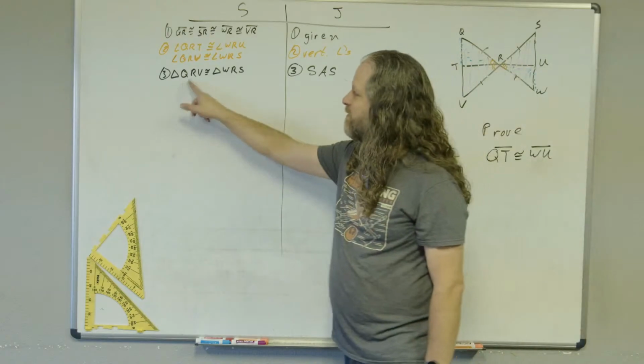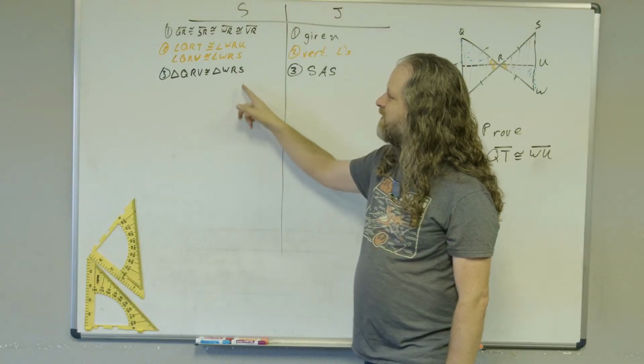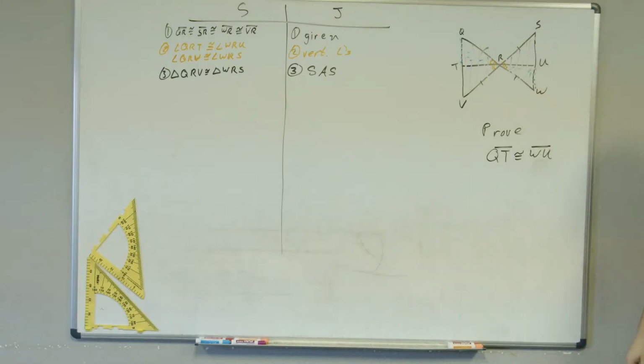Q goes with W, R goes with R, V goes with S. Which one of those are in the blue? What set of those is in the blue triangles? True. R, what else? And Q with which one?